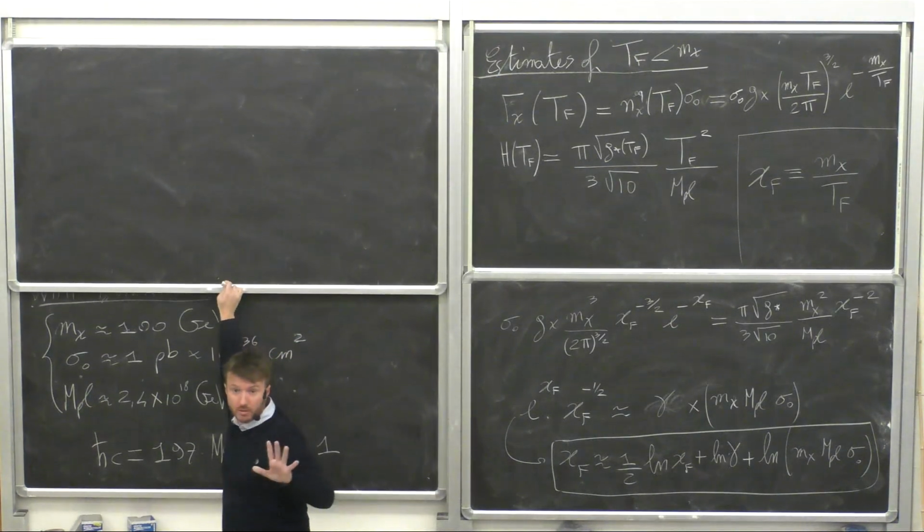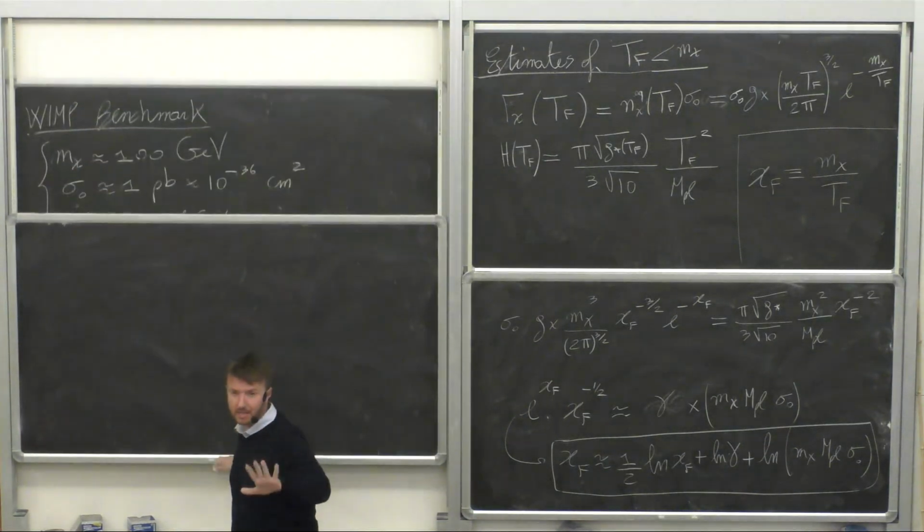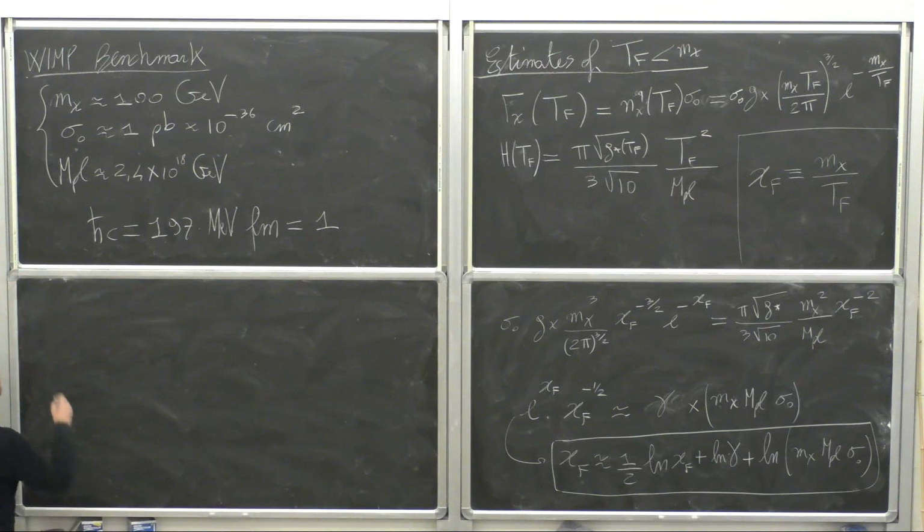I'll do the calculation in real time, so check for mistakes. And this time the mistakes will not be on purpose like before, they will be honest mistakes. So 1 is, let's say, 0.2.